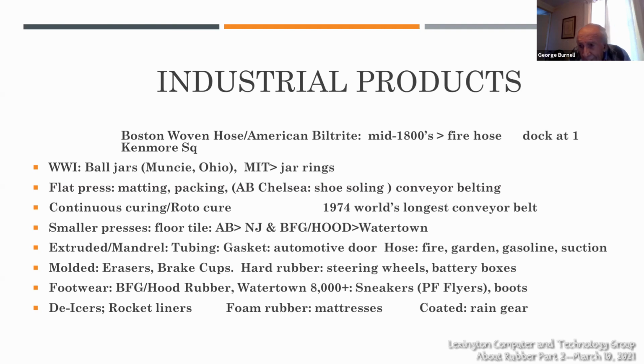And those were made in presses that were probably 3 feet square. And the way that you prepare the rubber is by running it through a calendar, which is a 3-roll. It's like the mill, except it's a 3-roll stacked vertically.